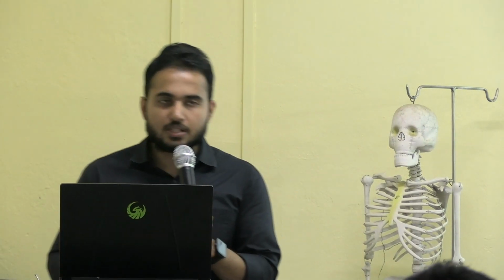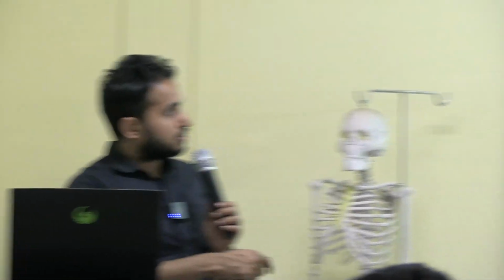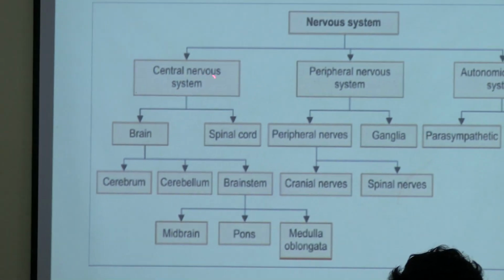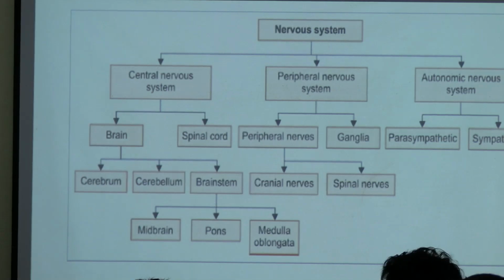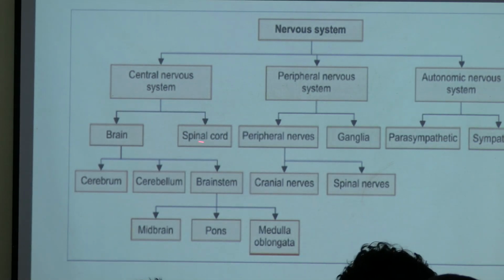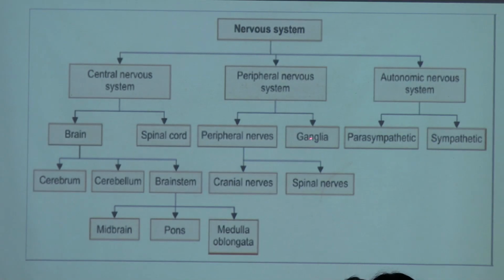Next, can anyone tell me the classification of the nervous system? Do you know it? Here you can see the classification: central nervous system, peripheral nervous system, and autonomic nervous system. In the central nervous system we have the brain and spinal cord. In the peripheral nervous system we have peripheral nerves and ganglia.